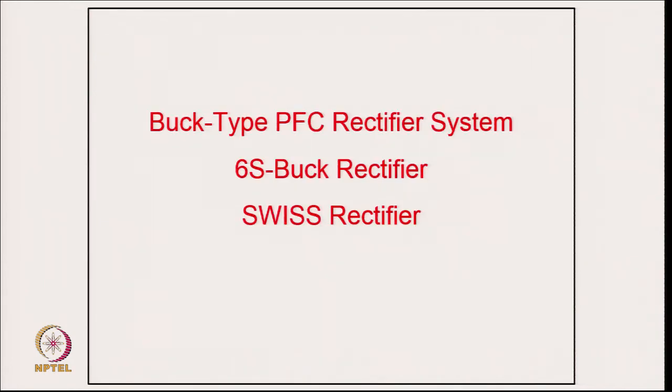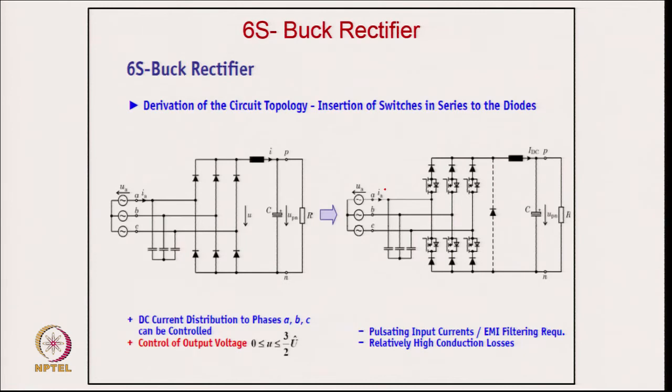Now, coming to a buck type power factor correction rectifier system with a 6 switch rectifier, this is again derived, similar to the complementary of the Vienna rectifier for buck operation. So, you have switches here with the capacitor, and here also you again have a pendulum current and certainly the output filter inductor.